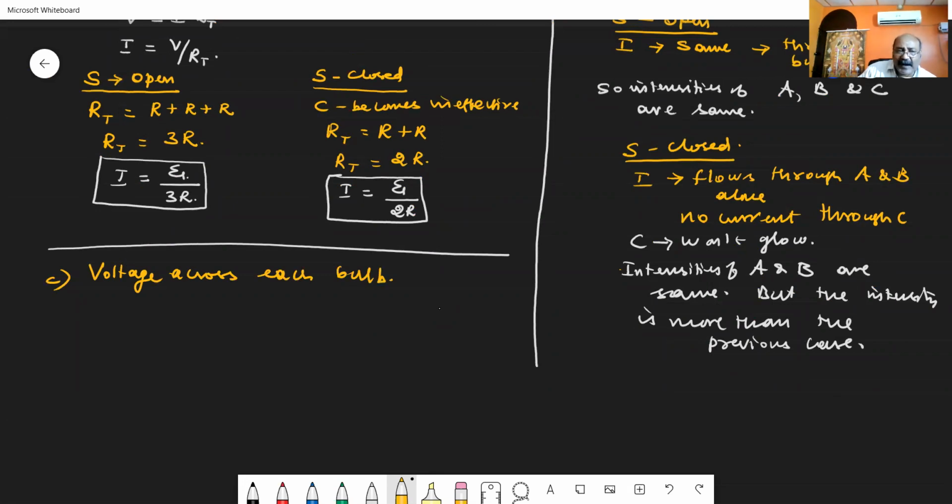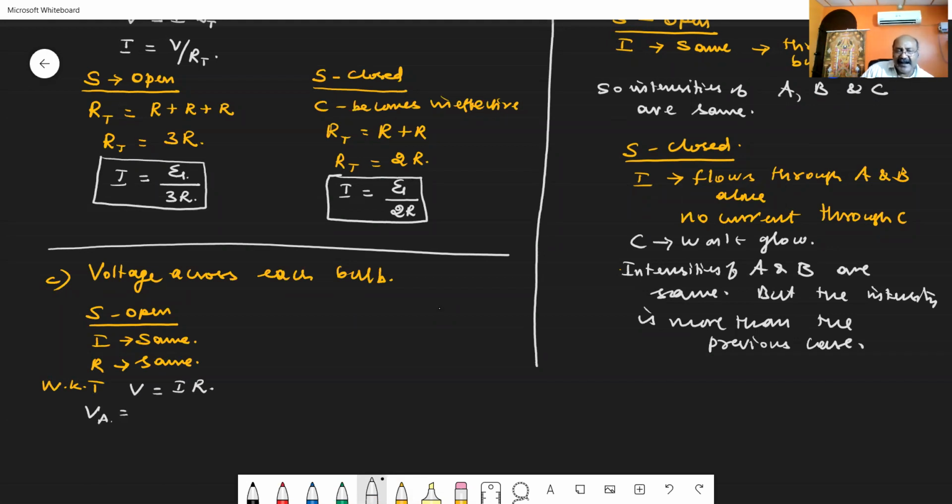Voltage across each bulb when S is open. When S is open, the current I through A, B, and C is the same, and the resistance R of the three bulbs is also the same. We know that voltage V is equal to I into R. So what is the voltage across bulb A?